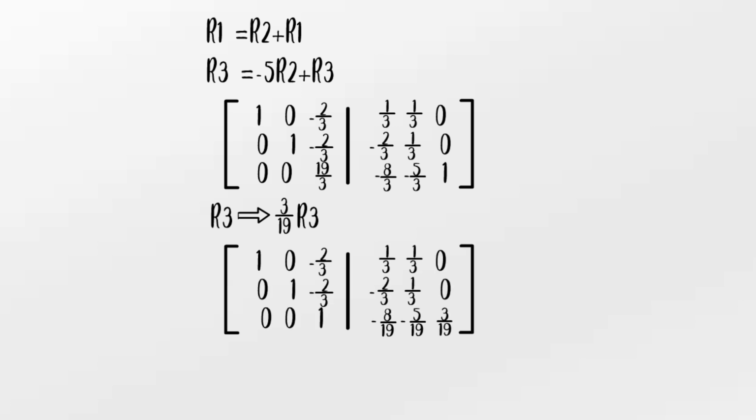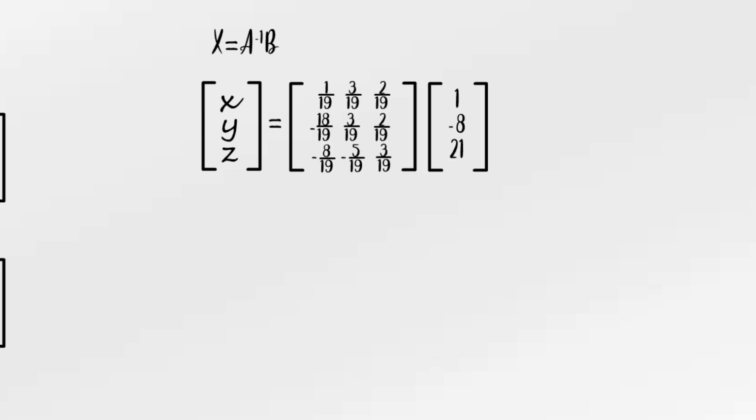Multiply by 3 over 19 to make the first non-zero entry 1. And now we have the inverse of matrix A.